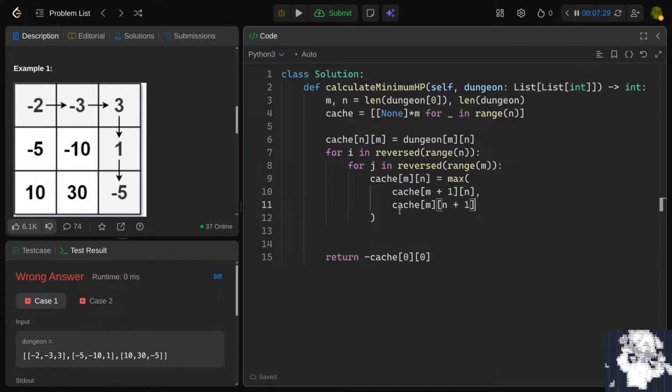Then we just need to make sure that these are real valid indexes. So if m is, wait, I've been confusing m, n, and i and j. So these should be i, my m's should be i, my n's should be j.